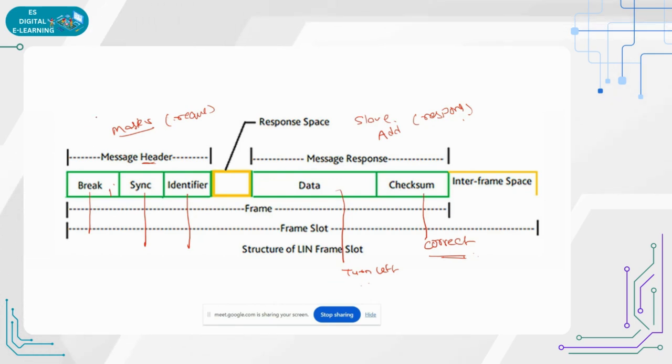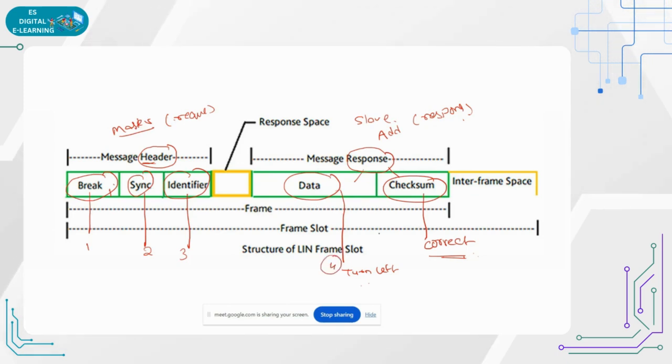In the frame, the break, sync, and identifier come under the header. Okay, and coming to the response, the data will be there and the checksum will be there. So these are the points you need to remember. The header contains the break, sync, and identifier, and the response contains the data and checksum. So these are the 5 points you need to remember.